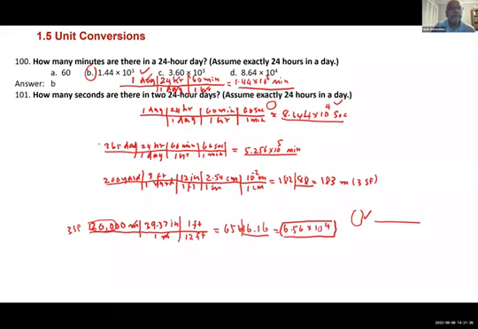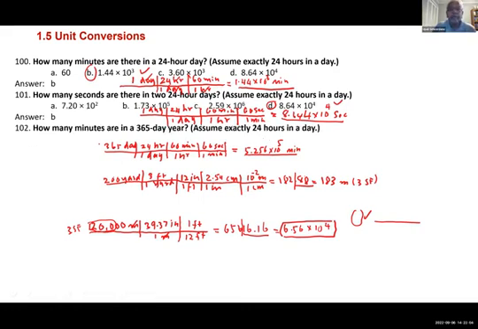How do you convert a day into seconds? You have the last unit conversion, minute to second. 1 minute is 60 seconds. This first number 1,440 multiplied by 60 becomes this number. So like that, you should be able to calculate different times per day, minutes, seconds. That's what I have shown.